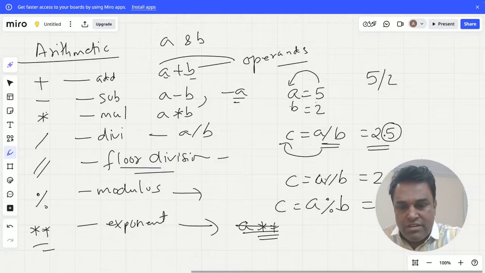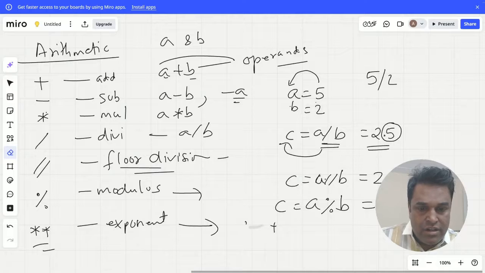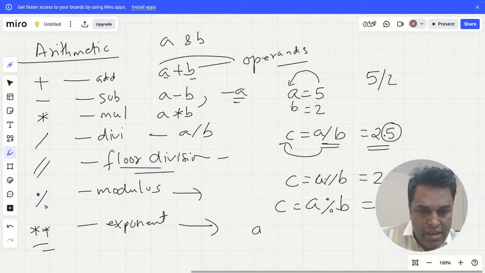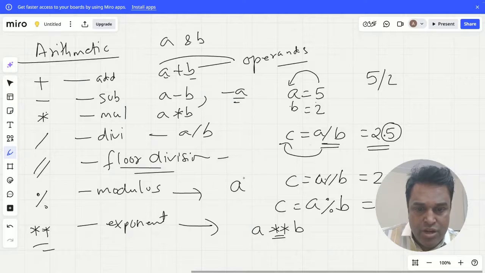The first character, second character are together, and then followed by b. This means a to the power b. So if the value of a is 5 and b is 2, this is 5 raised to 2, and that is going to give us 25, isn't it?